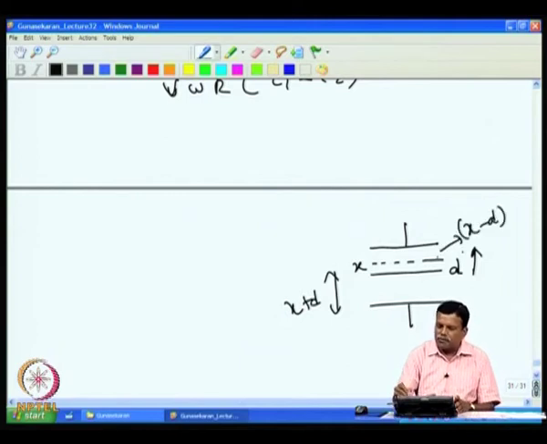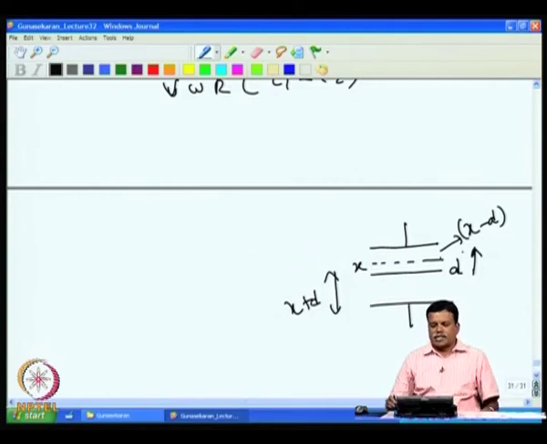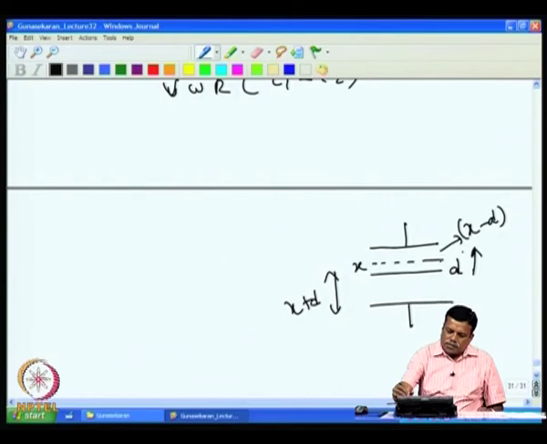Because if I move the plate by amount x, then the distance for one plate to another becomes x plus d, and the other one becomes x minus d.